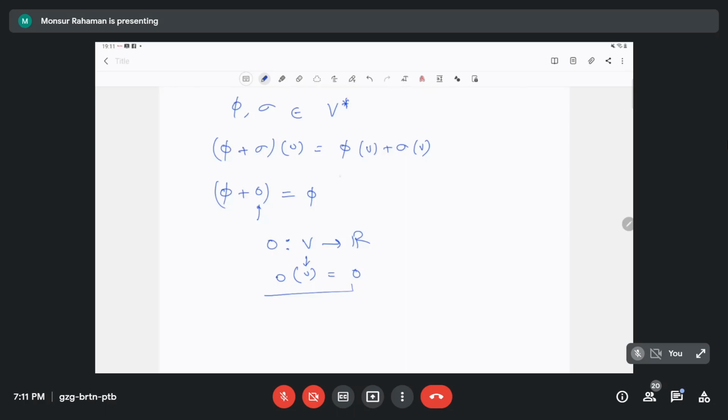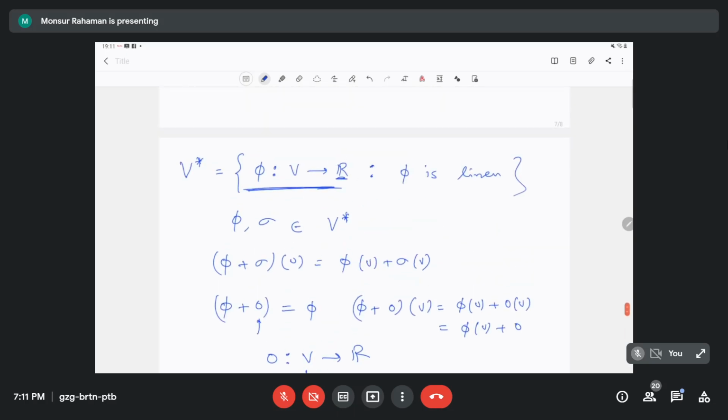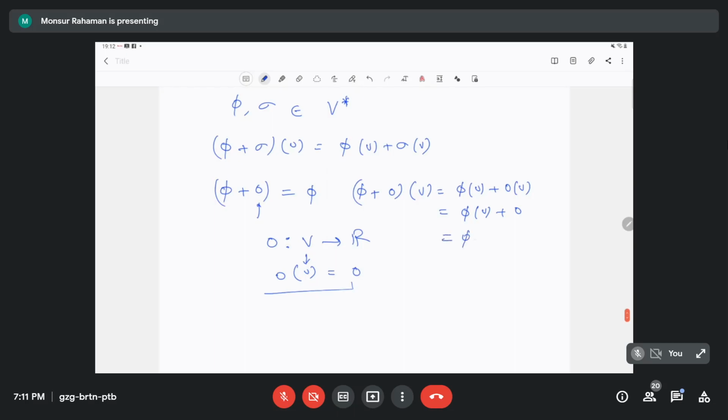Obviously, by the definition, phi plus 0 at v is phi of v plus 0 of v, and this is phi of v plus 0, and this is an element of R. Phi of v is an element of R. So it will be phi of v.